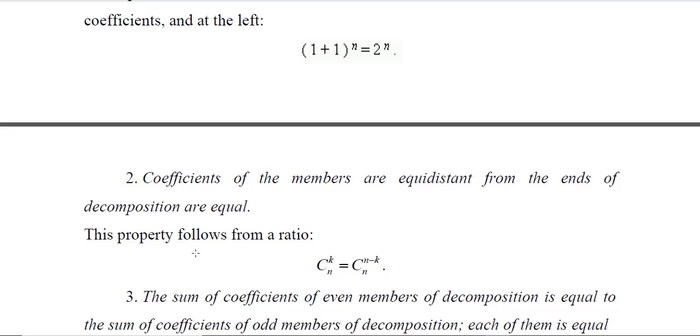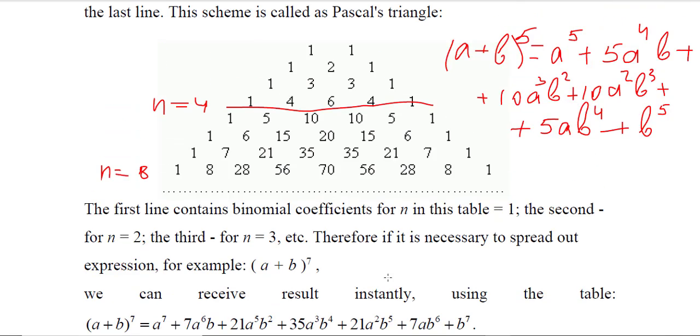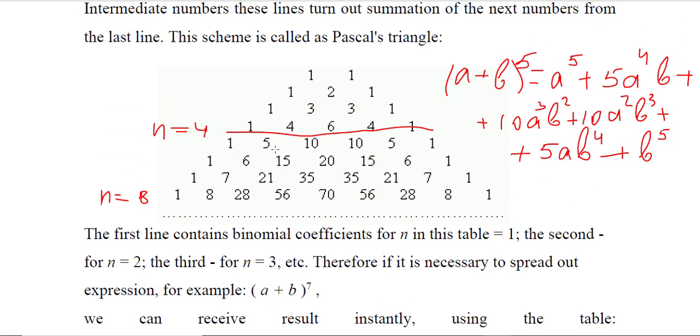Second property, the coefficients of the members equidistant from the ends of the decomposition are equal. This property follows from a ratio. It means equidistant, for example, 4 and 4, or 5 and 5, 6 and 6, 15 and 15, yes, they are equidistant, so equal distant.